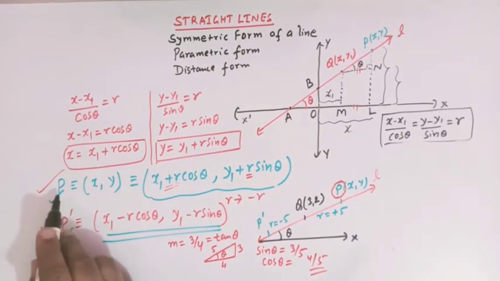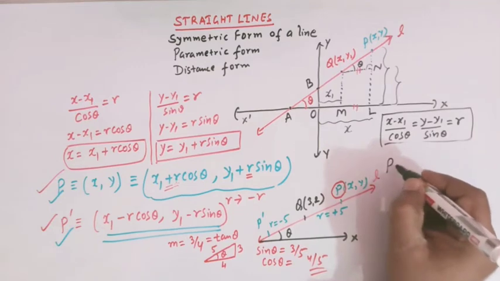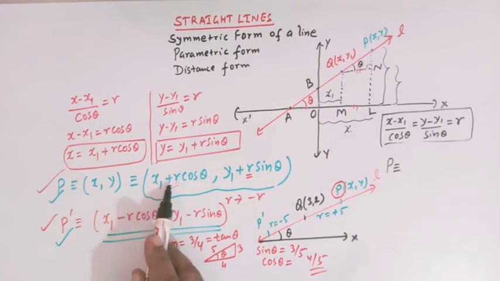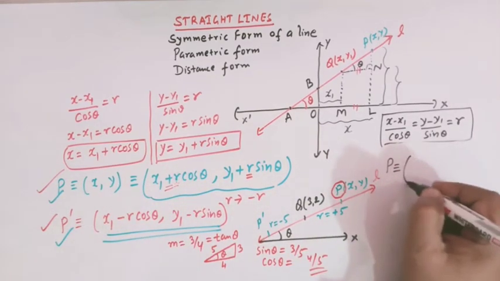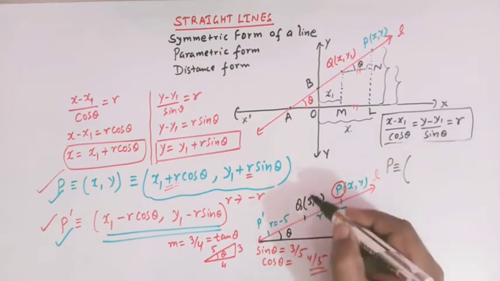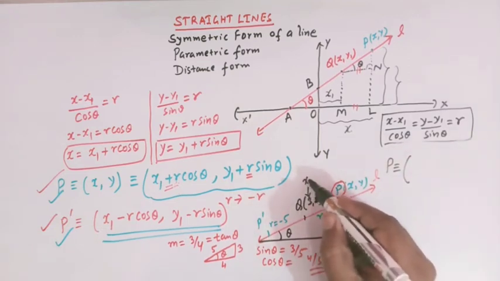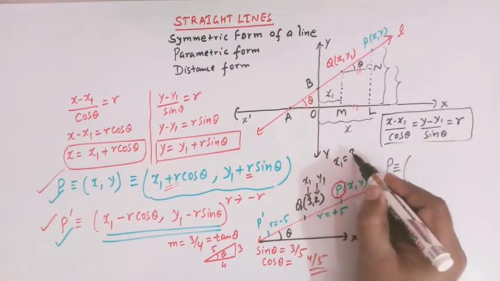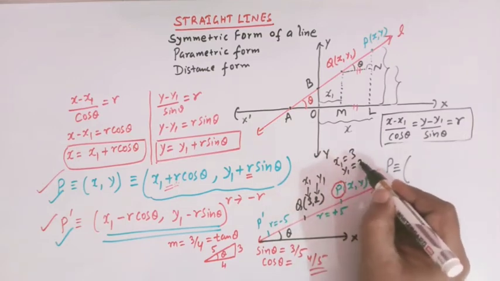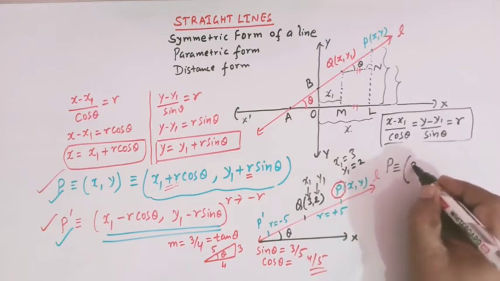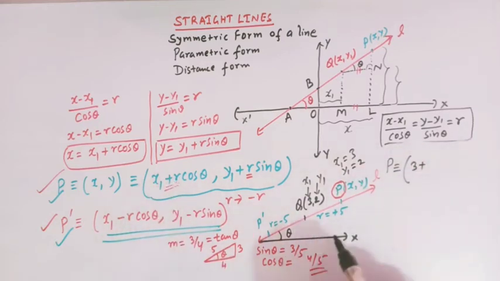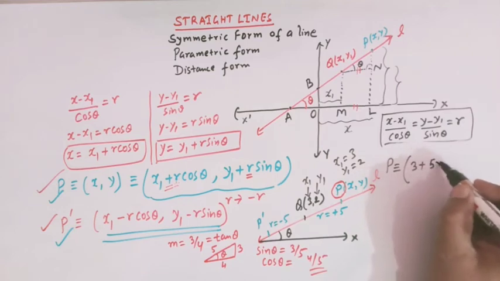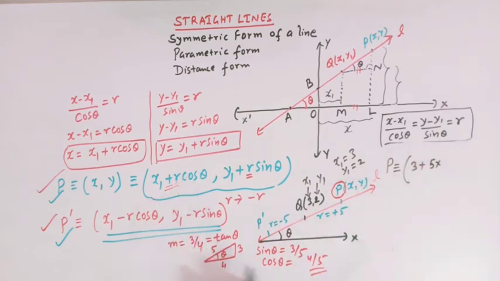So for this point P, we'll have x1 plus r cos theta, right? So x1 is 3, this is x1, and this is y1, right? So x1 is 3, y1 is 2. So we have 3 plus r is 5, so we have 5 times cosine of theta.